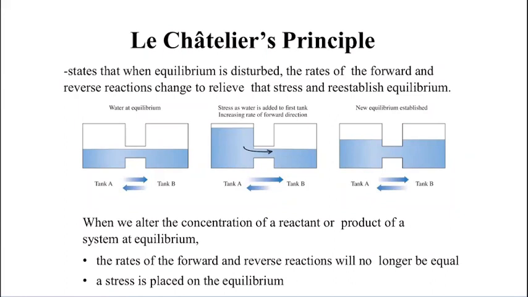Or we're taking the vessel and we're removing reactant. So you are changing the concentration, or it could be product too. So that's what creates the shift, that we are increasing or decreasing concentration of either reactants or products.